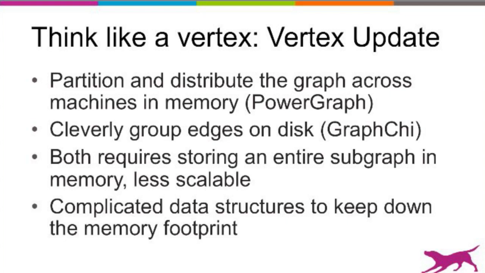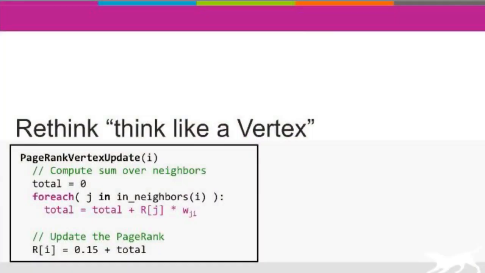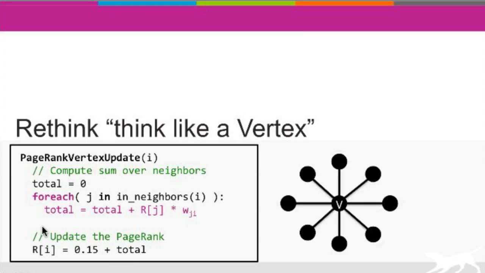So how do we address this challenge while keeping our simple graph representation as just two tables? Well, if you look at this think-like-a-vertex idea again, the inner loop of the vertex program really breaks down into a separate computation applied on each edge.